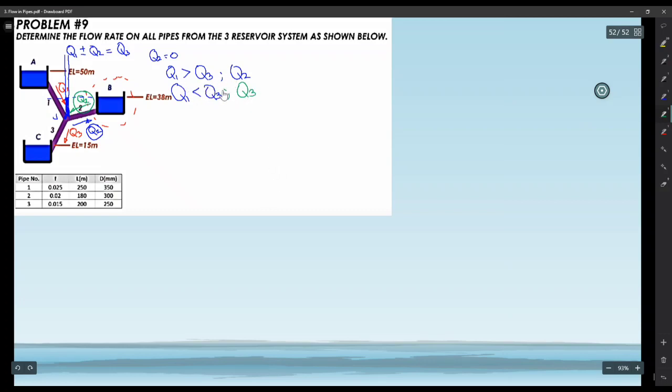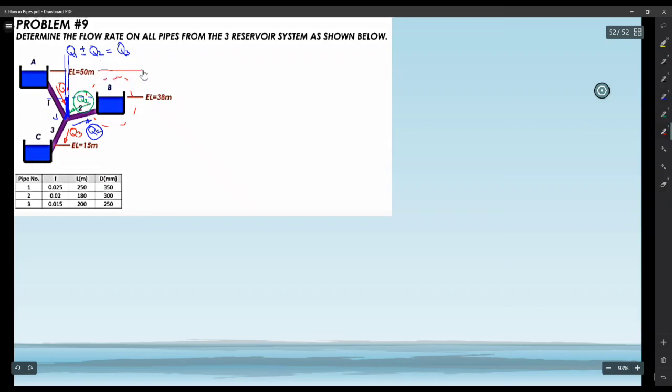Okay, so, alamin natin. So, the first thing to do here is compute muna natin. Ang una natin gawin is, ayan nga. So, considering this elevation, sorry, wala pala akong marker.